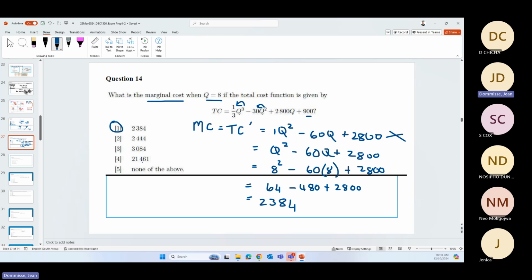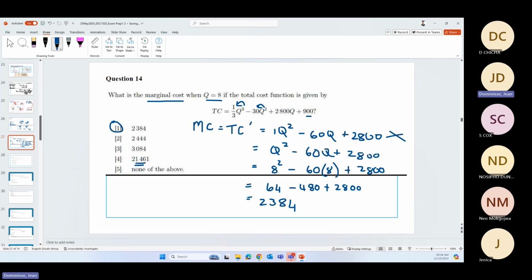also there's a few, that would have been if you would have used this formula and just replaced 8 within your total cost function. Then you will get the 21,468. These ones you will, depending on if there was a 900 used and if some of the signs differs, you will get the option 2 or 3.